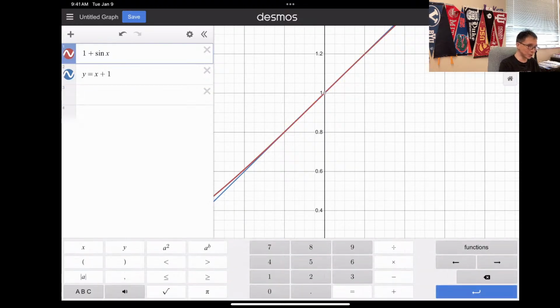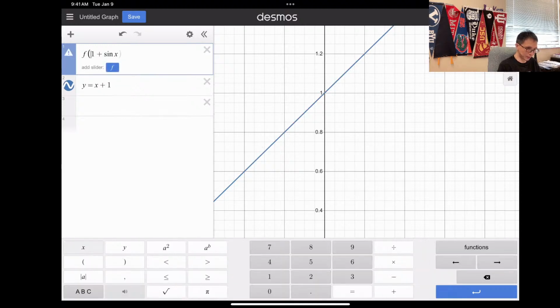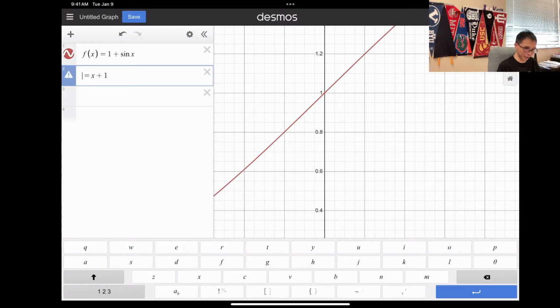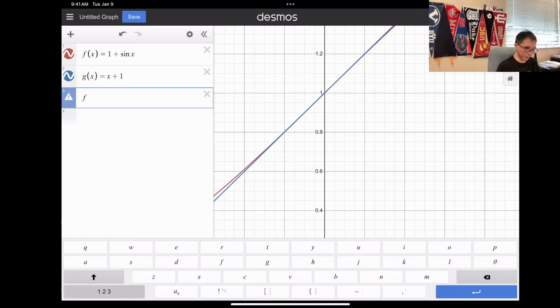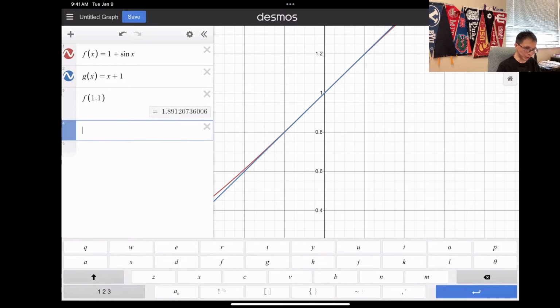This one is f of x, and this one is g of x. Then we can say f of 1.1 versus g of 1.1.